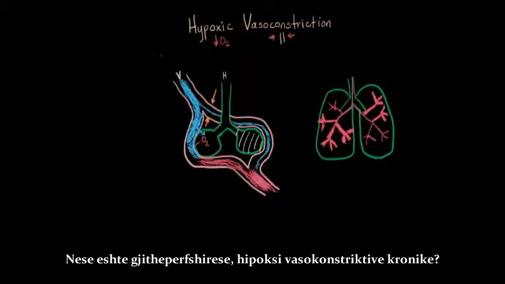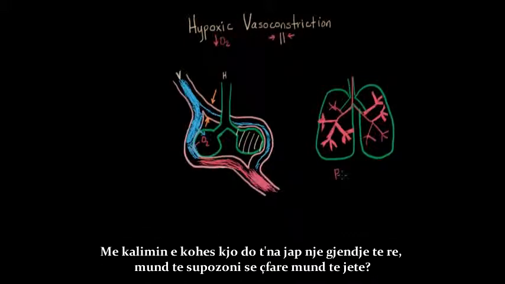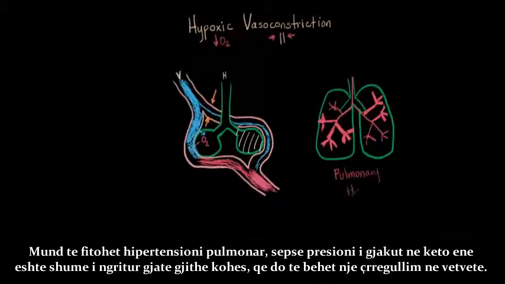Then if there's global chronic hypoxic vasoconstriction, think about it, then a lot of the vessels will be affected and it will be constricted day after day, month after month. Over time, this will give us a new condition. You might have guessed this is where we're going. We're going to get pulmonary hypertension because the blood pressure in these vessels is so elevated all the time that it becomes a condition on its own.